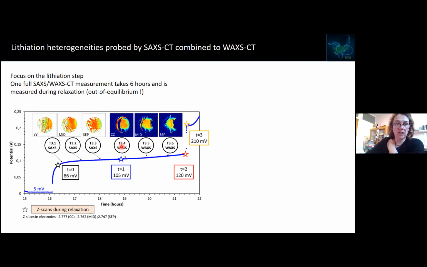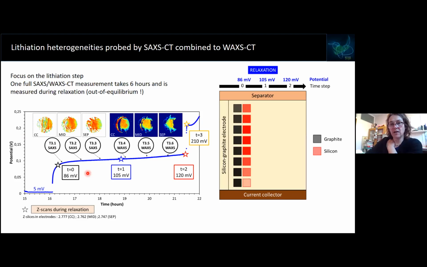And now we can look at the effect of this relaxation because we perform Z scans, so not tomographies, only vertical scans in the batteries at 3 different points that are indicated by the stars. And let me show you the result. So we have our battery, our anode, that is in between the separator and the current collector.